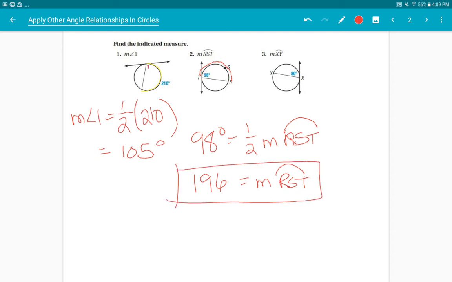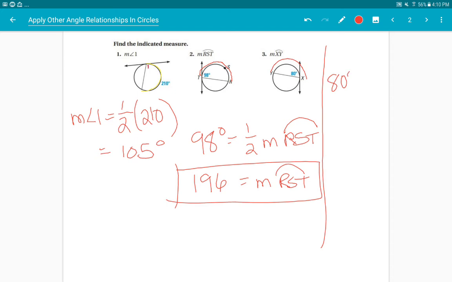All right, and then the third example, they want us to find the arc of XY. So we're looking for this arc here. Now we have the inscribed angle as 80 degrees, and since this is the arc that's being intercepted by the chord and the tangent, it's going to follow the same format as the previous example.